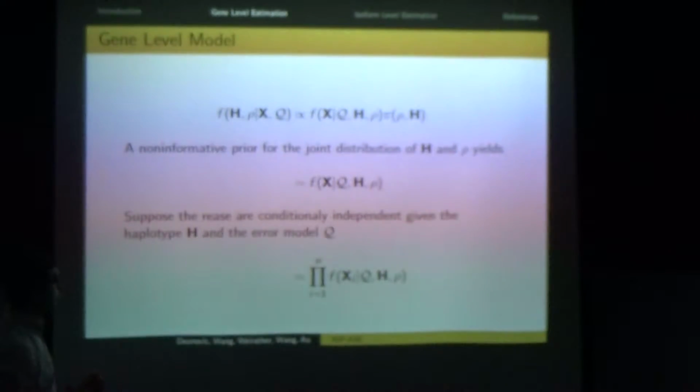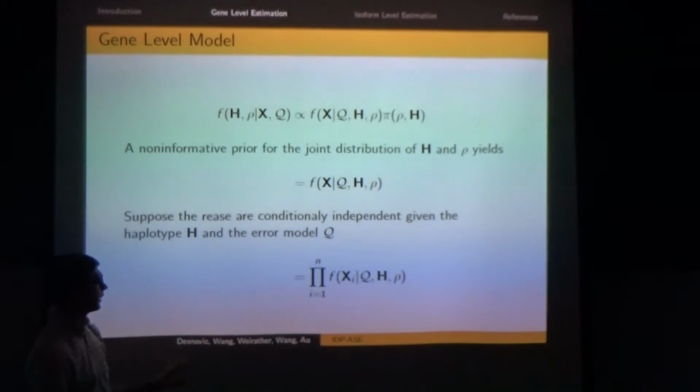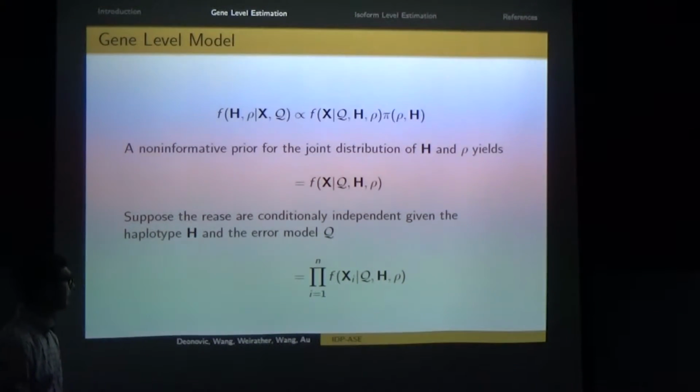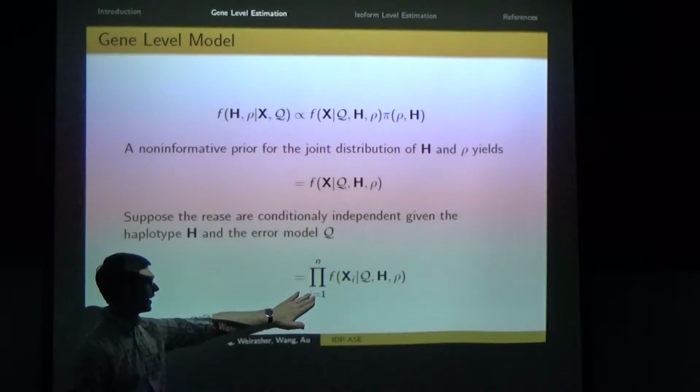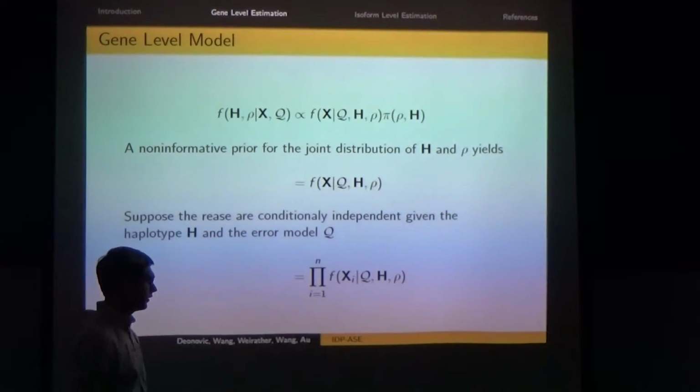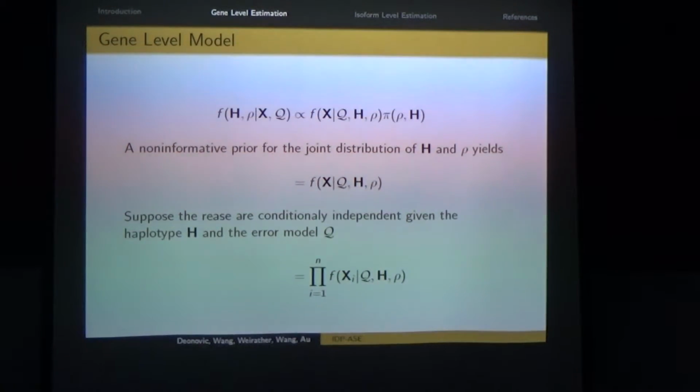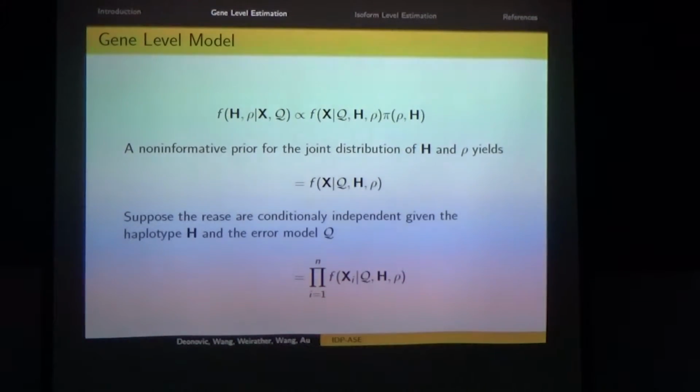Now if we suppose the reads here are conditionally independent given the haplotype and the error model, we simply get a product over the data likelihood.